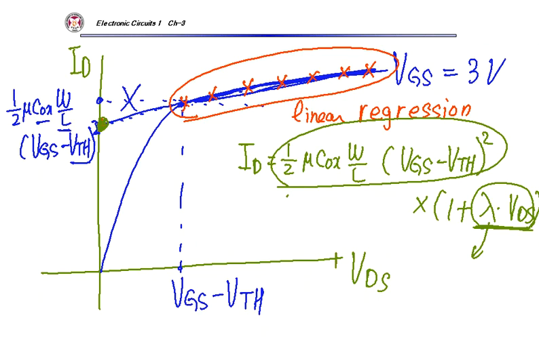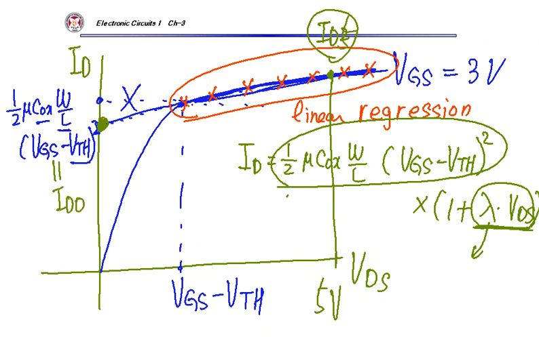For example, VDS equal 5 volt, and then at this 0, by the ratio, this is ID5, this is ID0. Then what's lambda? ID5 divided by ID0 should be 1 plus lambda times 5 volt, right? Then I can find the lambda, okay?